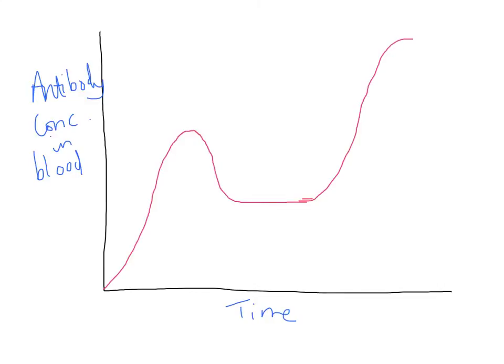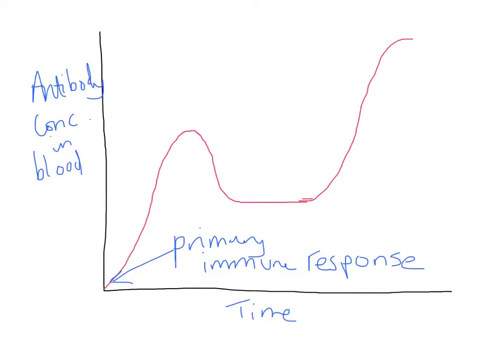Now this part here, the moment we give a vaccine to protect someone, is called the primary immune response. So the primary immune response is at this point here, the moment that our body starts to respond to that vaccine.